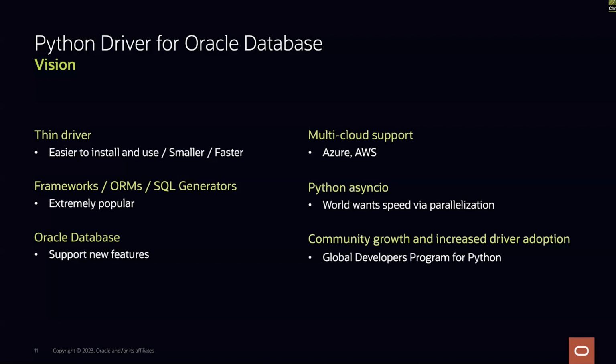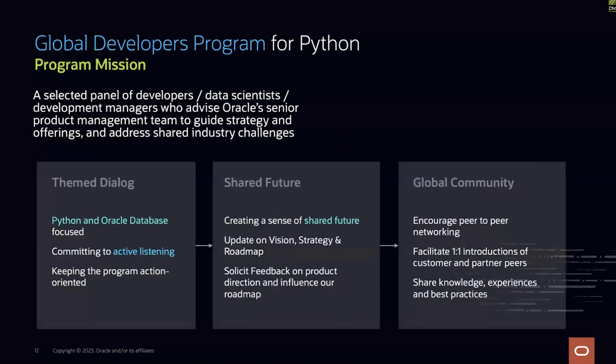And finally, of course, the Global Developers Program for Python is a big initiative for us starting this year. You actually run it internally with our internal users. Python's really big inside Oracle, so we had quite a number of people onto a session there. So Veronica has been spearheading this. You saw her name at the start. So we want to get a select number of you.